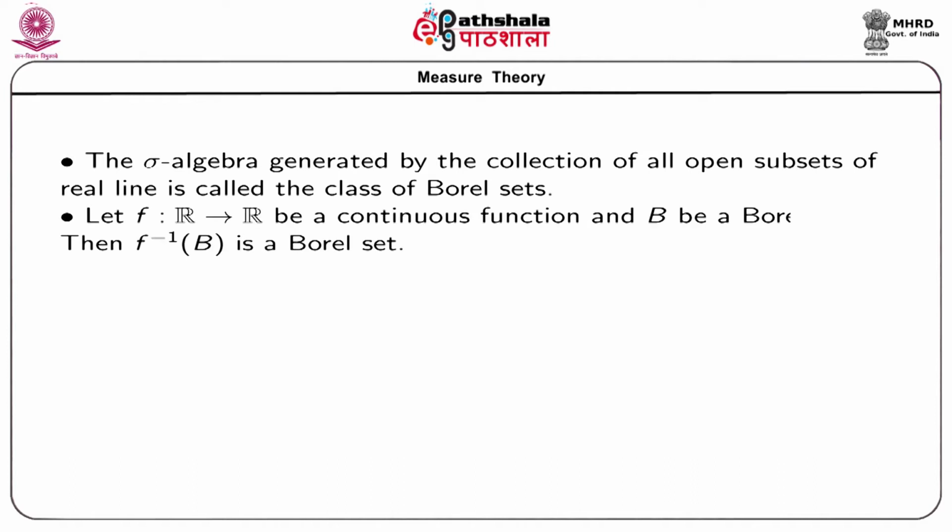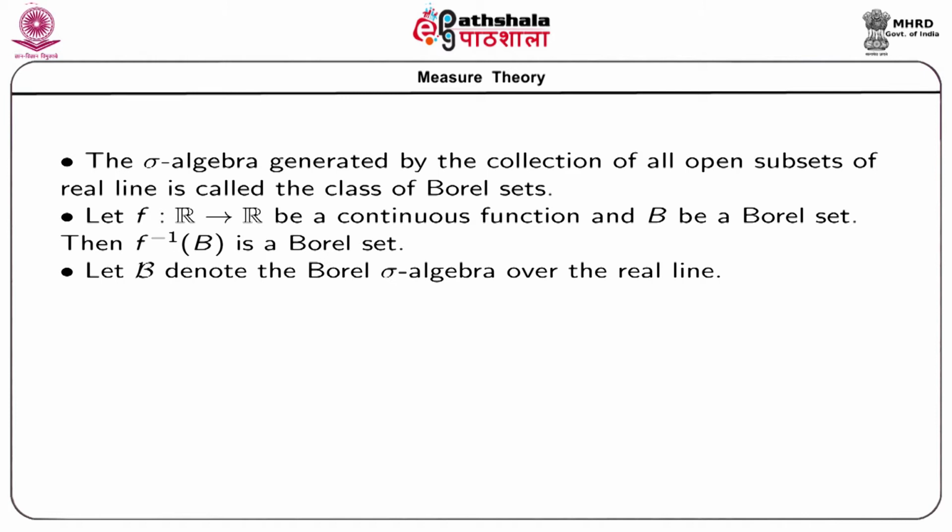We are going to prove that if f: R to R is a continuous function and B is a Borel set, then f inverse B, that is the inverse image of the Borel set, is again a Borel set.